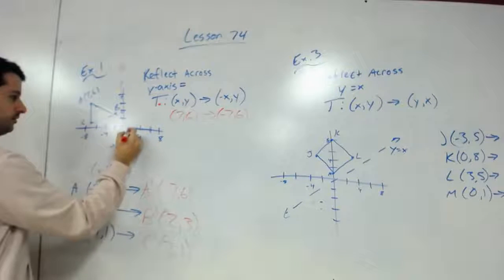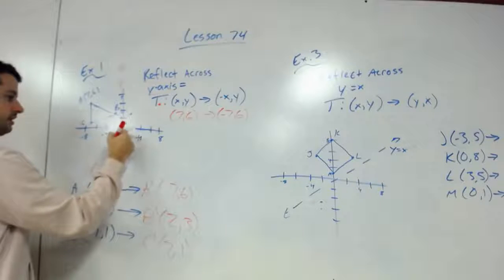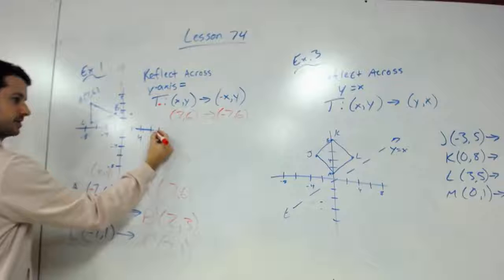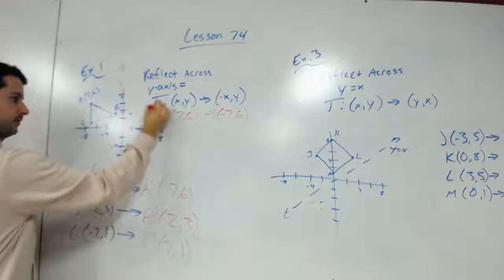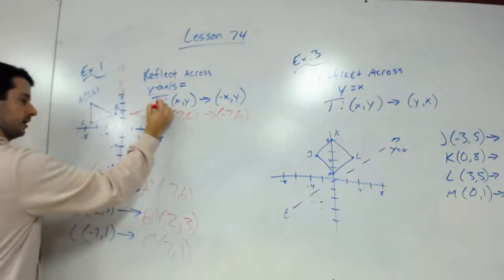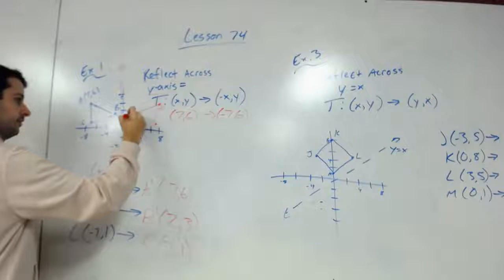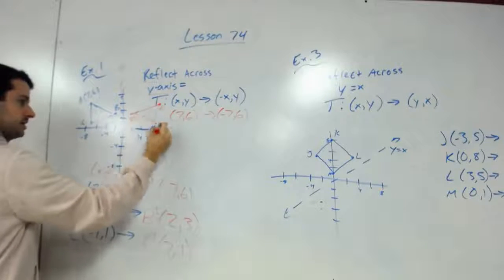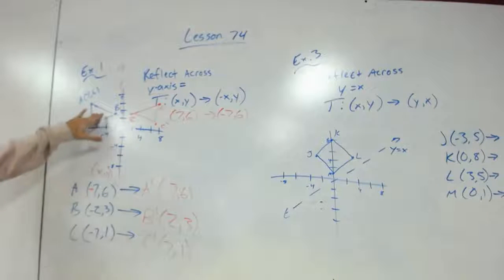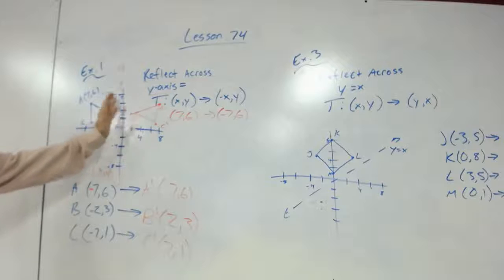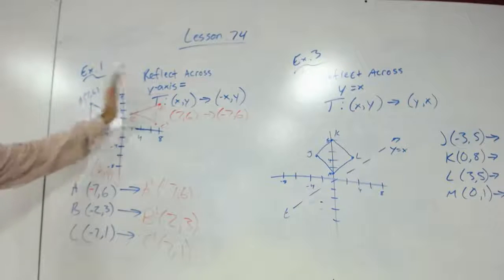Positive 2, 3. These are in increments of 2, by the way. And then positive 7, so here's 7, 1. So there's our new triangle. I label it A, B, C, and I put my prime, so there is my pre-image, and there's my new image. Notice it's simply reflected across the y-axis.